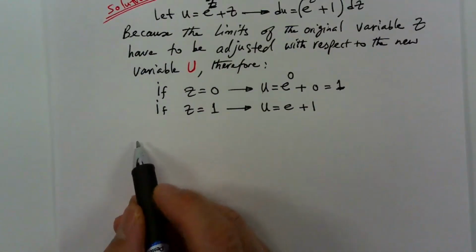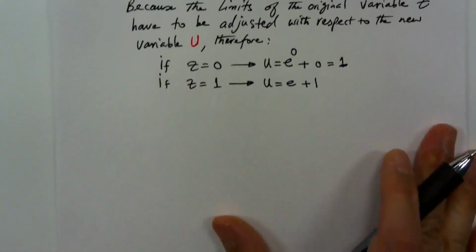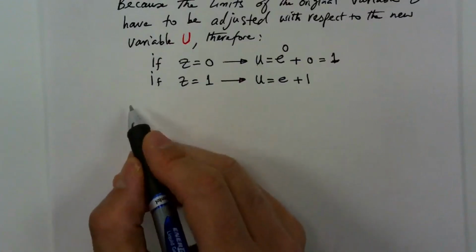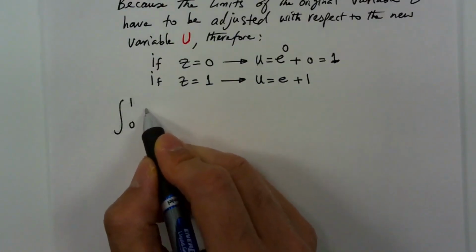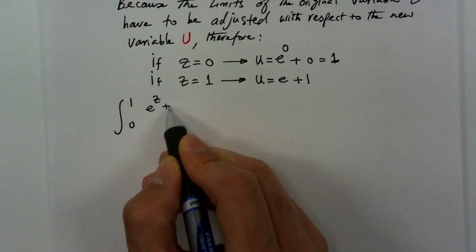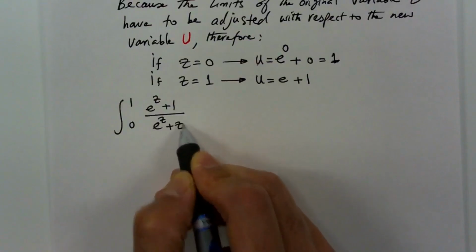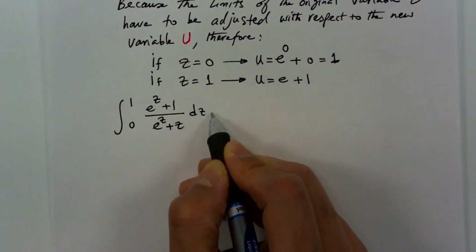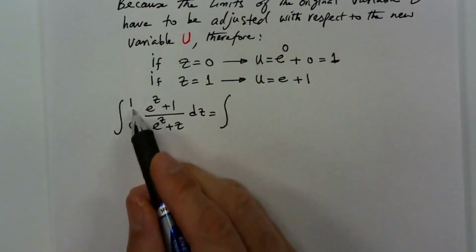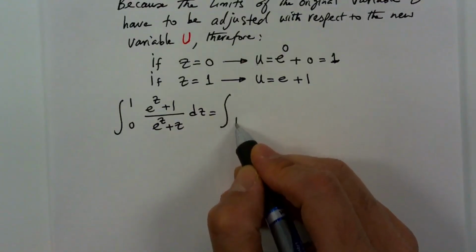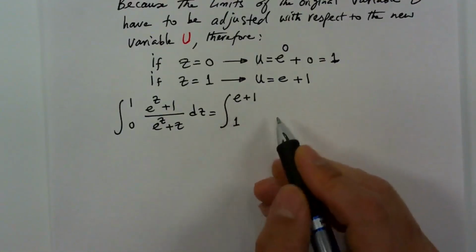What we had was this. We started with the integral from 0 to 1 of (e^z + 1) over (e^z + z) dz. We're rewriting this in terms of u, and the limits of integration changed from 1 to e plus 1.